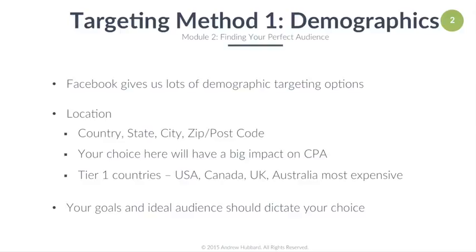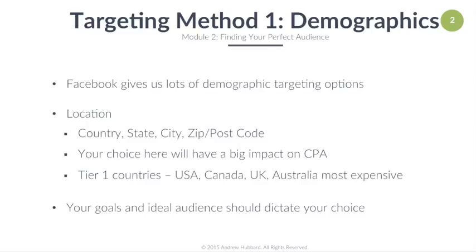In that case, sure, cheap installs might be good. So like I said, consider your goals and what you're really trying to achieve with the campaign before you choose your targeting options. That being said, once you've chosen the countries you want to target, then narrow down by state, city, zip, or postcode, if that applies to your app.